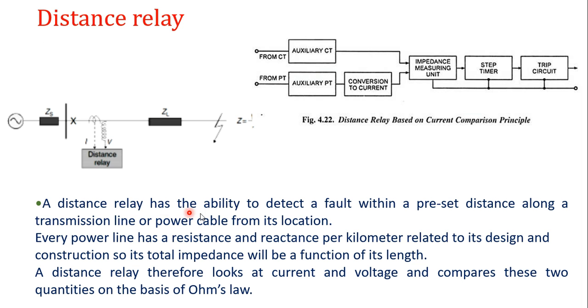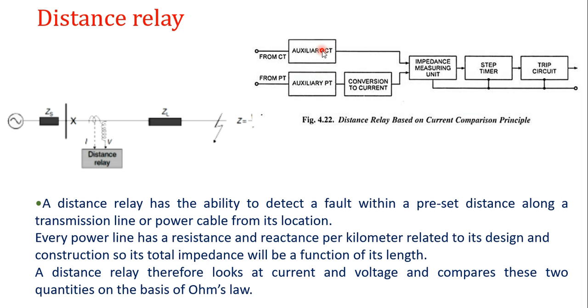A distance relay has the ability to detect the fault within a preset distance along the transmission line or power cable from its location. A power line has a resistance and reactance per kilometer related to its design and construction. So its total impedance will be a function of its length.